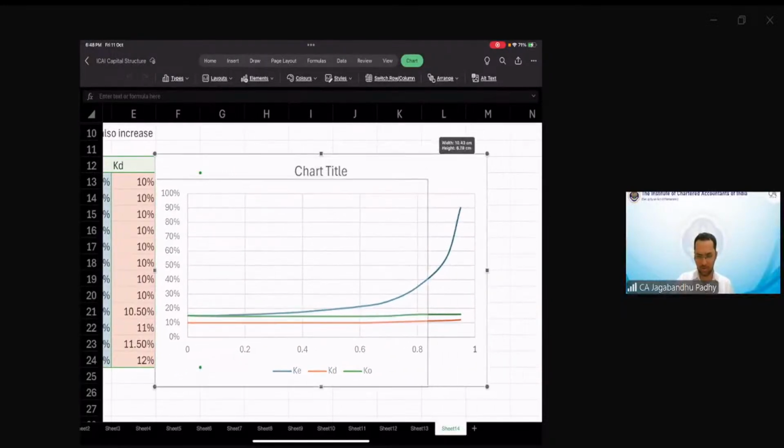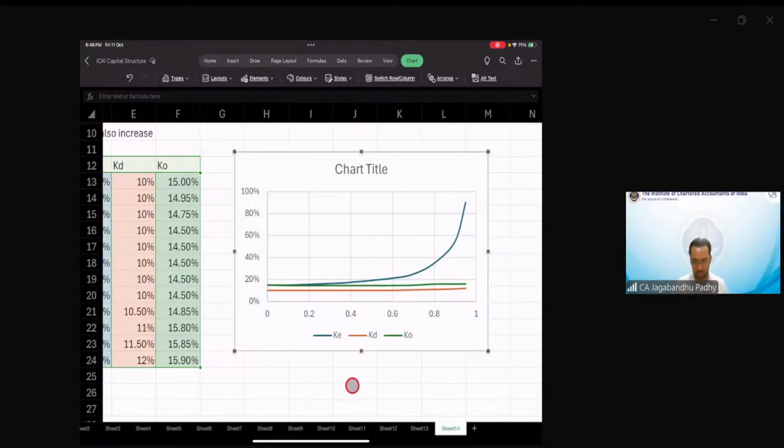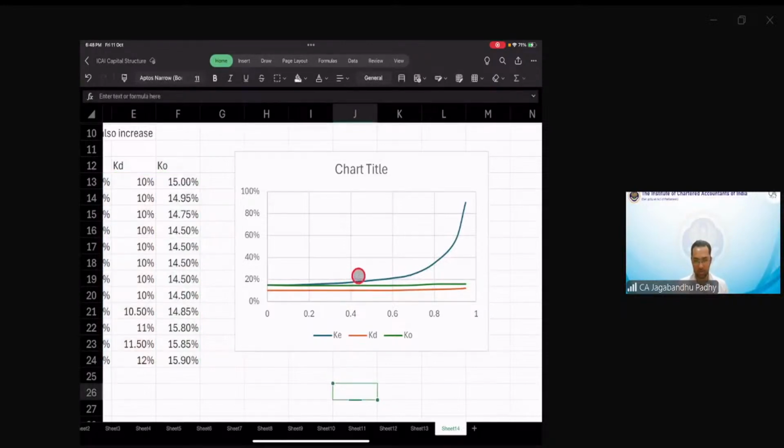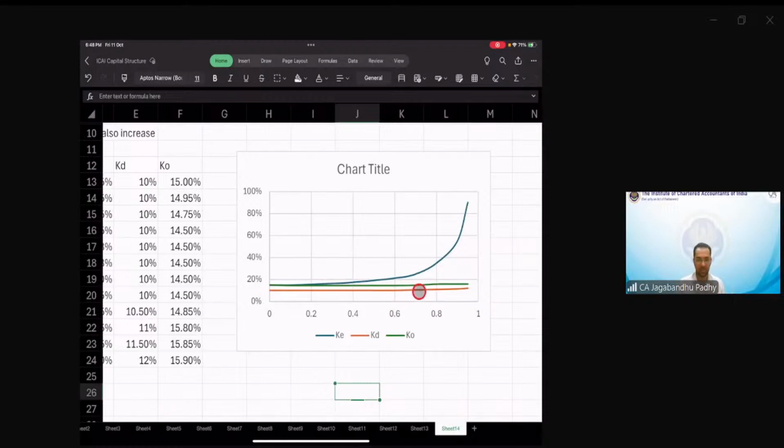So it's a typical structure where the cost of equity is rising, and the cost of debt is also rising a bit.